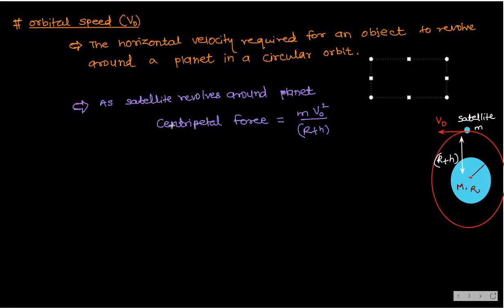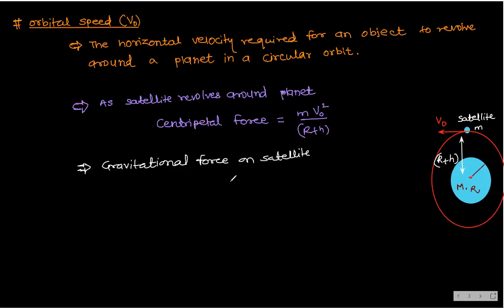Now, next one, what will be the gravitational force on the satellite? Gravitational force on the satellite will be G capital M small m divided by R plus h whole square.